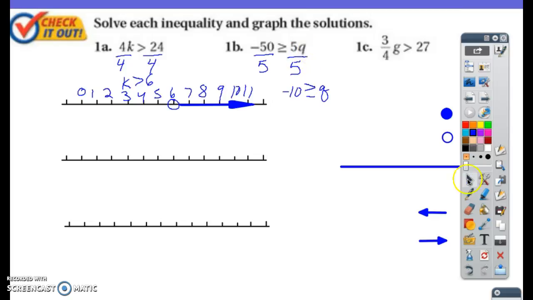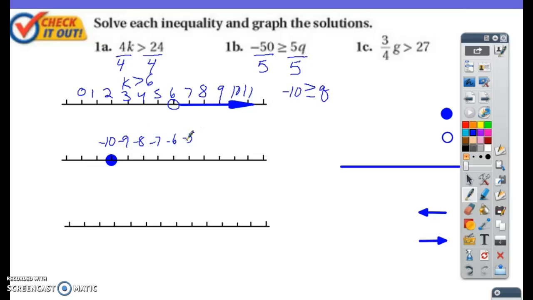To graph, it's going to be a closed circle because it can be equal to negative 10. I'll set up my number line. So we've got negative 10, negative 9, negative 8, negative 7, negative 6, negative 5, and so on.